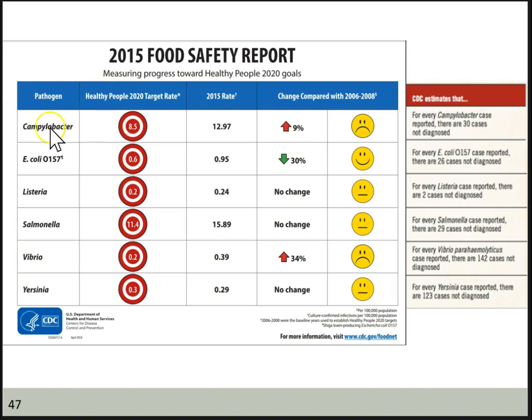So, for example, Campylobacter has increased in the United States, but we've also seen some dramatic decreases. So, for example, we've increased our food safety procedures, and that has led to a big decrease in the number of cases of E. coli O157 reported. So, mixture, good news, bad news.